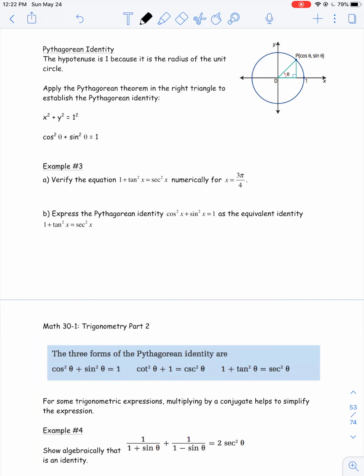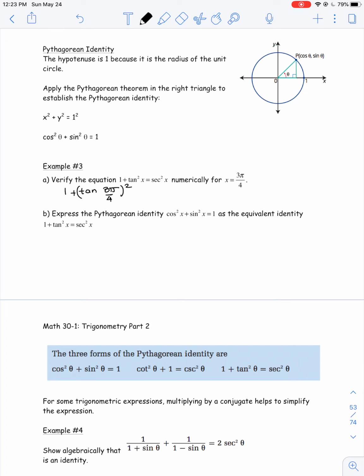For example number 3, we're going to verify the equation numerically by putting in 3 pi over 4 to see if the left side equals the right side. So I would do 1 plus tan x, where x is 3 pi over 4, and this answer is going to be squared.